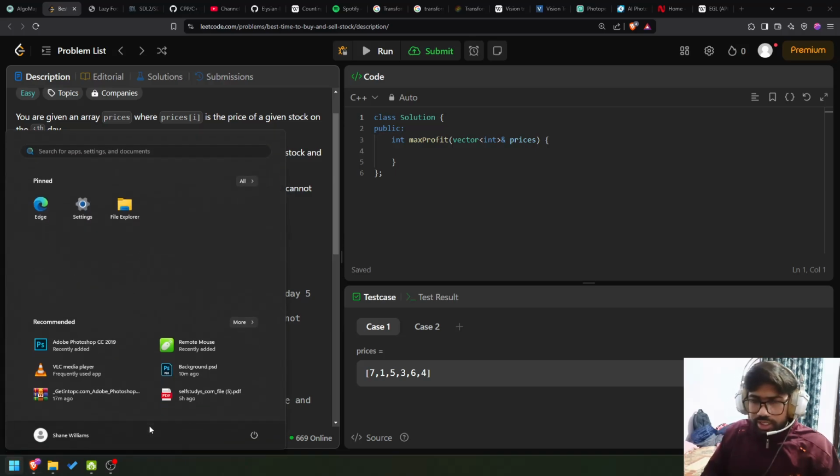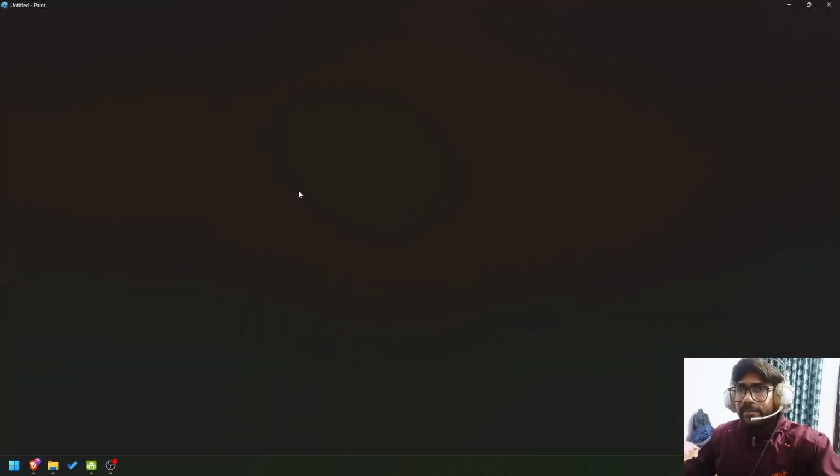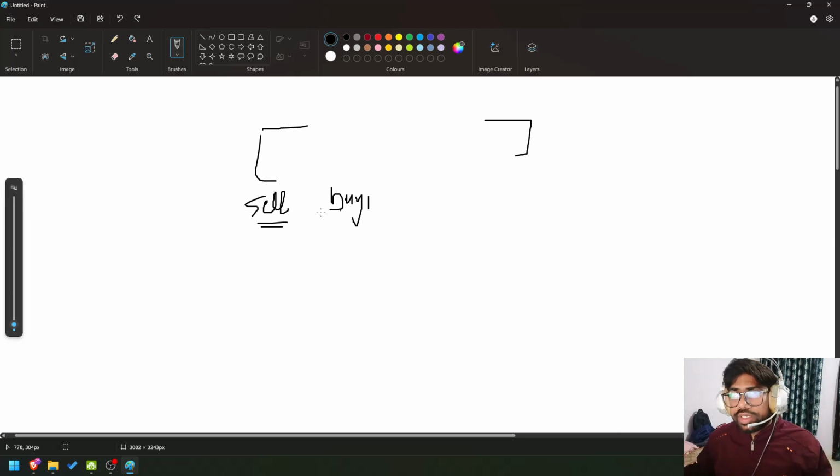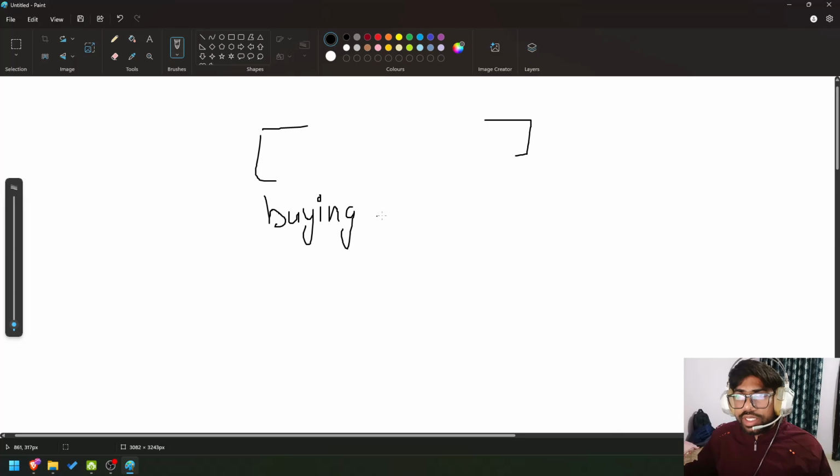Here's what I think I can do. Here's my array. I'll keep a pointer, in fact I'll have two pointers: a buying point and a selling point.